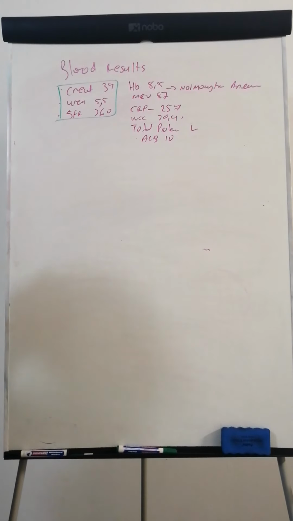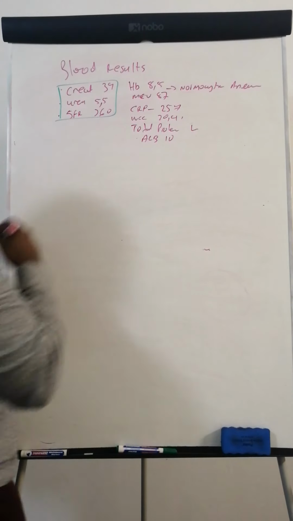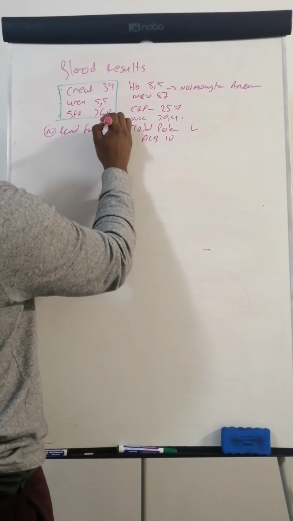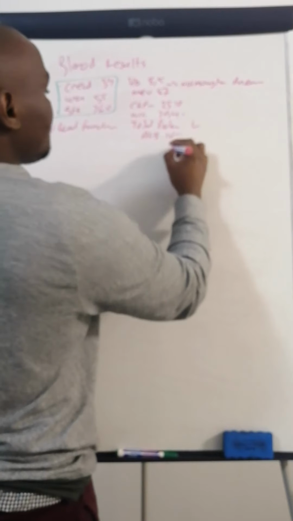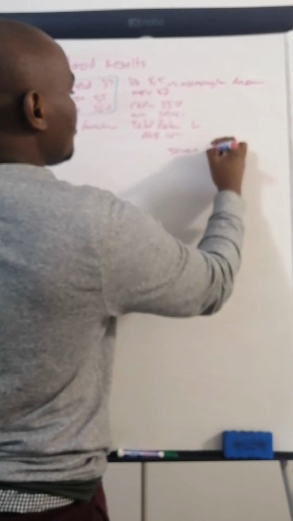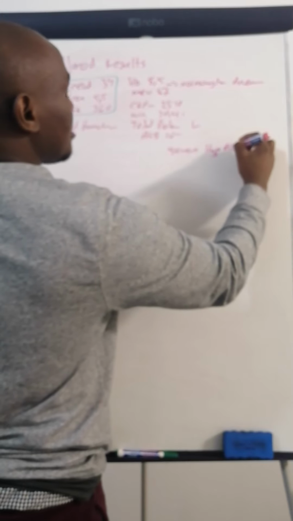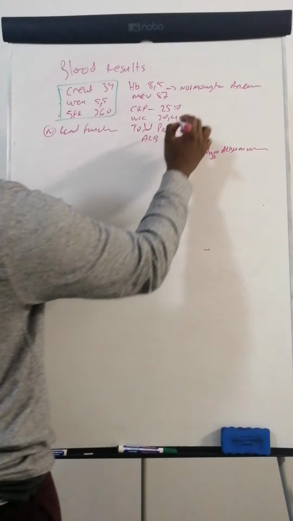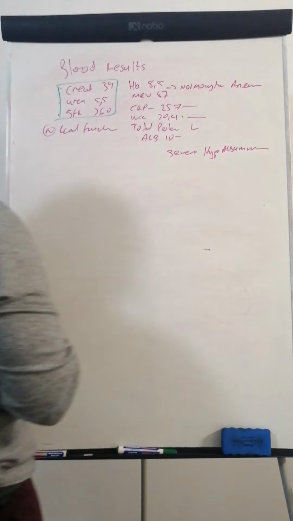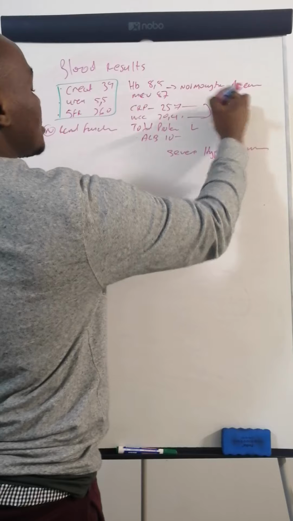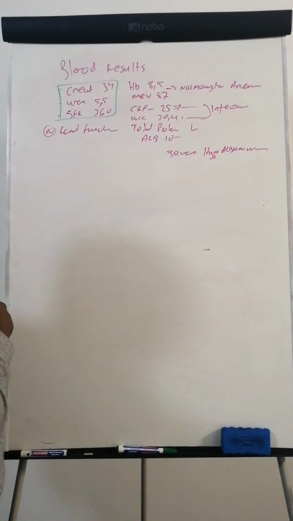So like I said, based on these results, what we know is that we have a normal renal function, we have a severe hypoalbuminemia, we have a leukocytosis, we've got a very high CRP. So this is infection, it's pointing towards infection, even though at that point we didn't know where the infection was coming from.